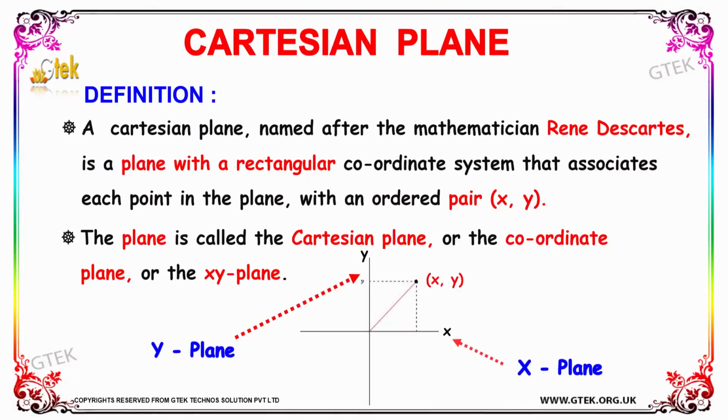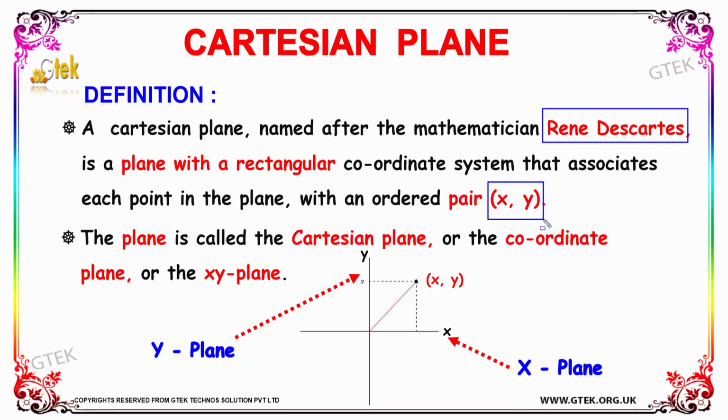So let's go with the definition of the Cartesian plane. A Cartesian plane is named after the mathematician Descartes. It is a rectangular coordinate system that associates each point in the plane with an ordered pair, that is x, y.